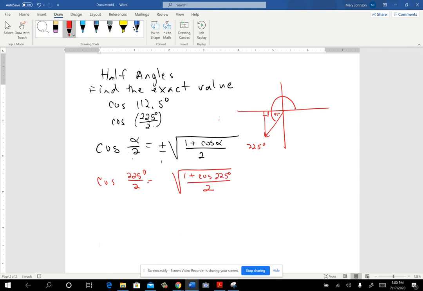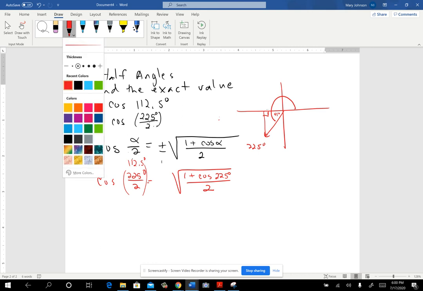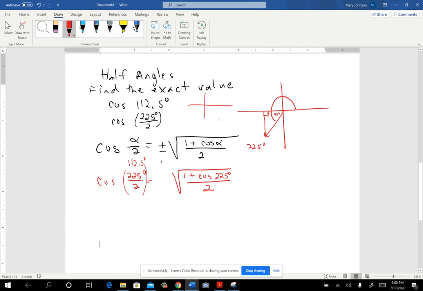And outside here, whether you put the plus or the minus depends on what the angle is, the 112.5 degrees. So I really have to think about both of those things. The cosine of 112.5 degrees is in the second quadrant, so I know the cosine of that should be negative. So I need to think that through.